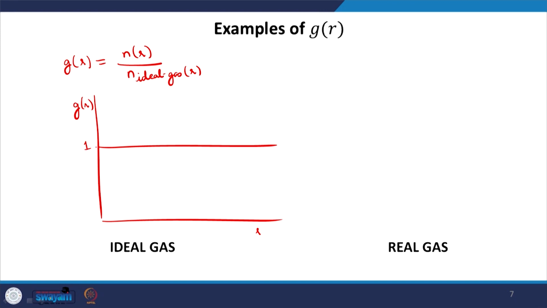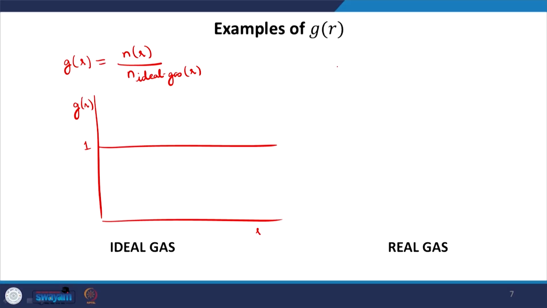So, that means the probability of finding another molecule at distance r from any molecule is equal to a constant value. So, there is no particular preference or no particular affinity for the molecule to be at a distance from any reference molecule we are looking at.